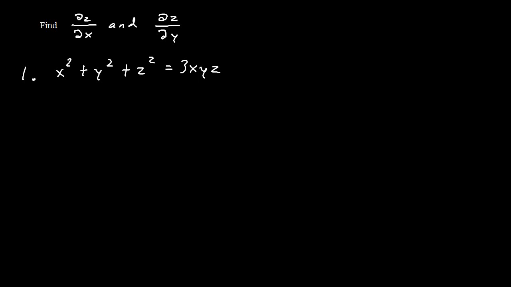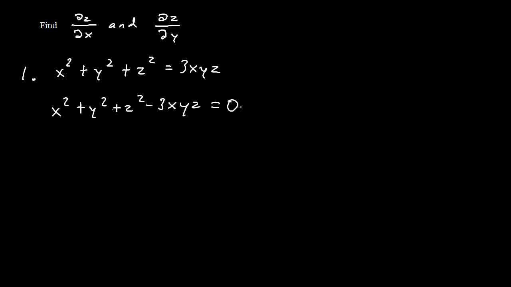So let's find the partial derivative of z with respect to x and the partial derivative of z with respect to y. Number 1, we have x squared plus y squared plus z squared equals 3xyz. Similar to the previous problem, we need to get everything to one side of the equation, so I'm going to subtract over the 3xyz. That's going to be equal to 0.